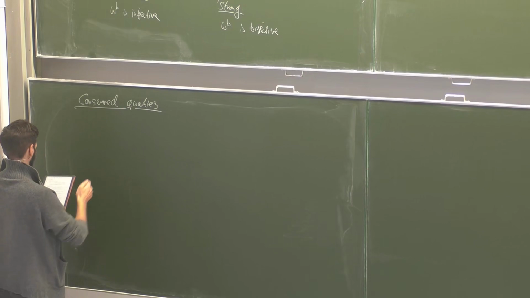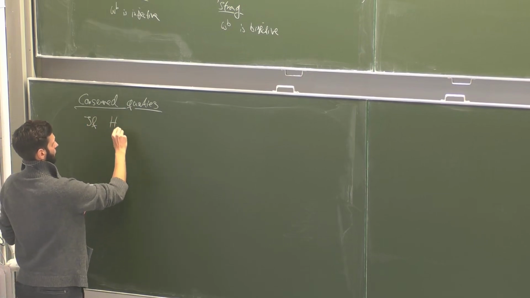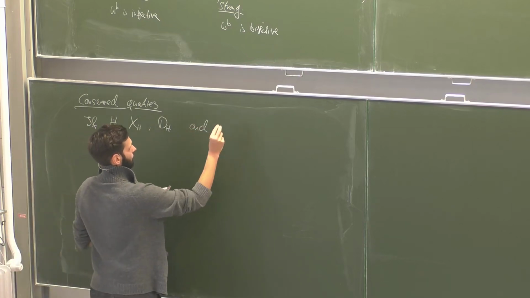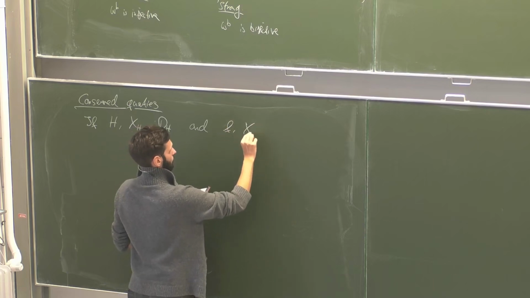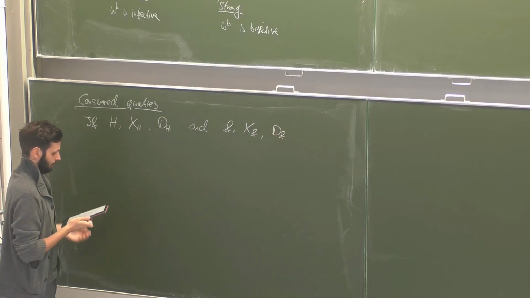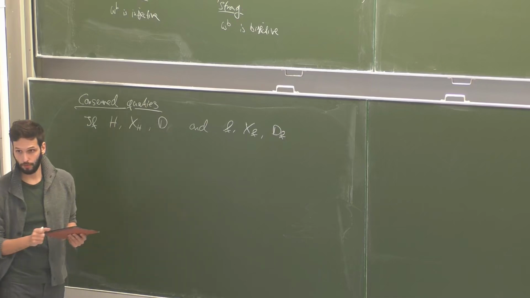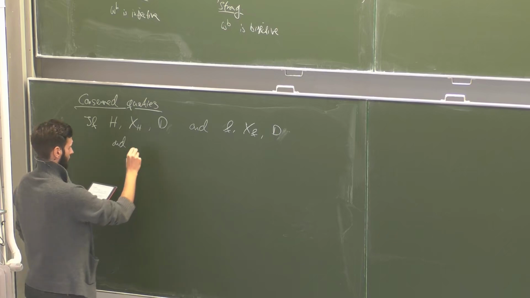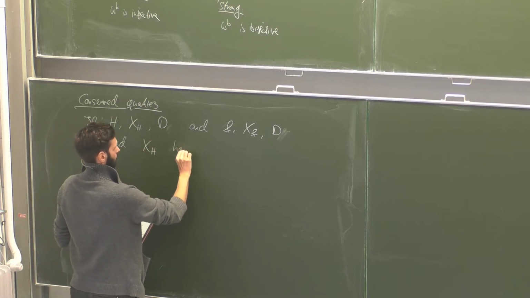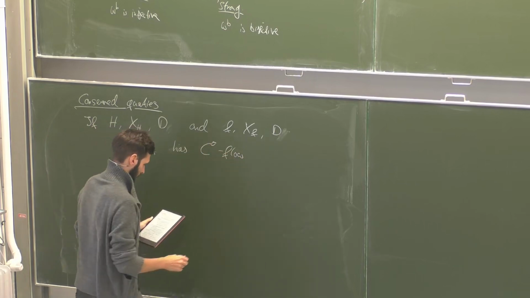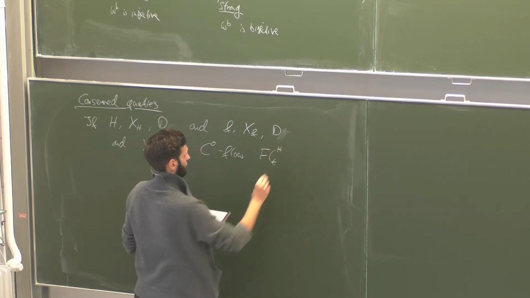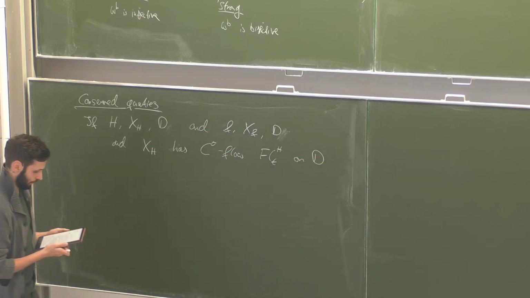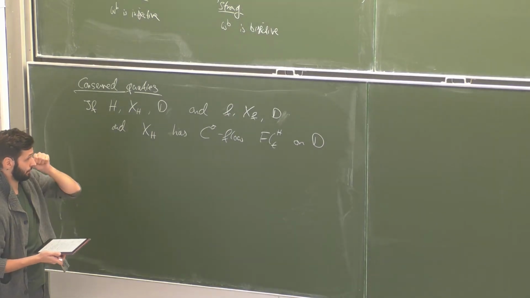And the statement is that if you have your Hamiltonian H with a Hamiltonian vector field defined on D_H, and similarly you have a function f with Hamiltonian vector field defined on D_f, and we assume that actually they are defined on the same set, like they both have the same domain D. And we also assume that this Hamiltonian vector field has a zero flow, denoted by the flow of H, and we assume that this flow is defined on D. So everything is defined on the same domain.